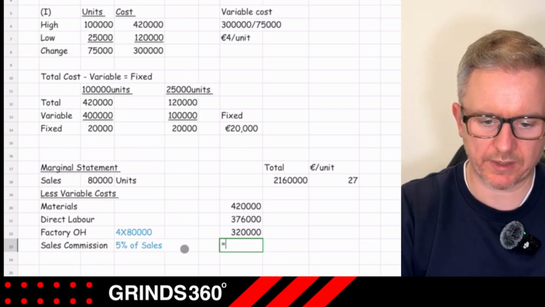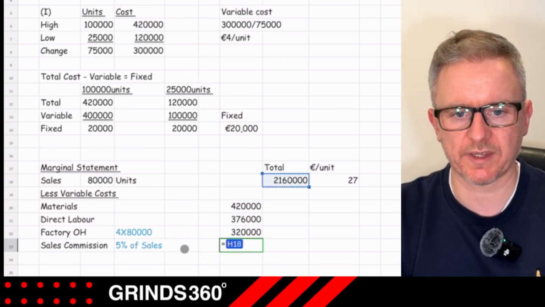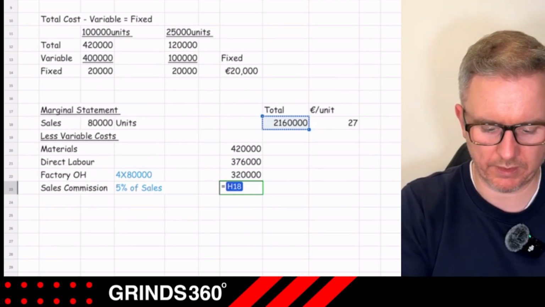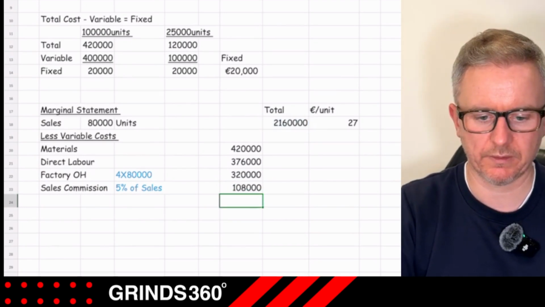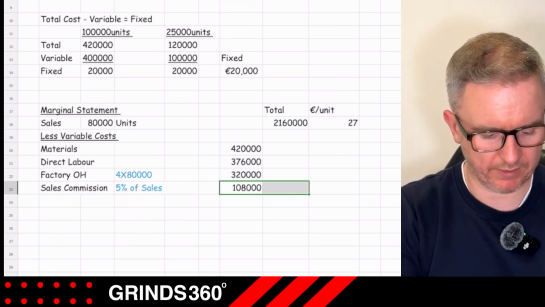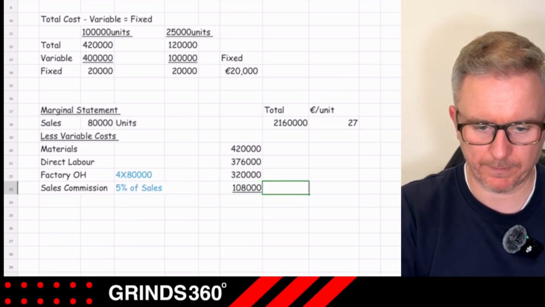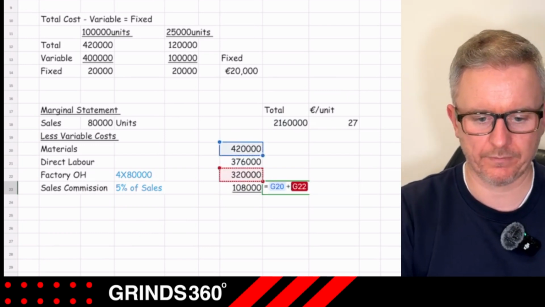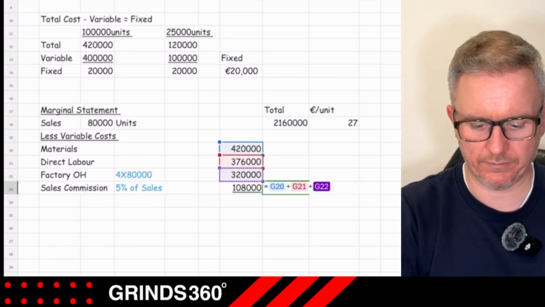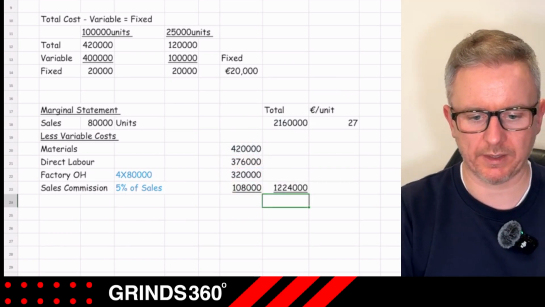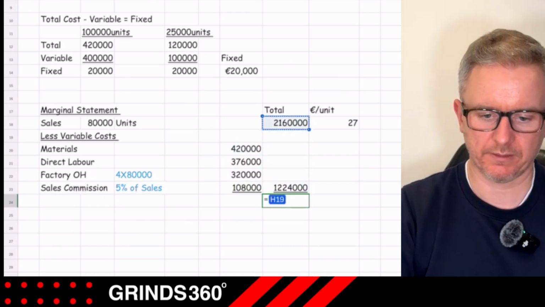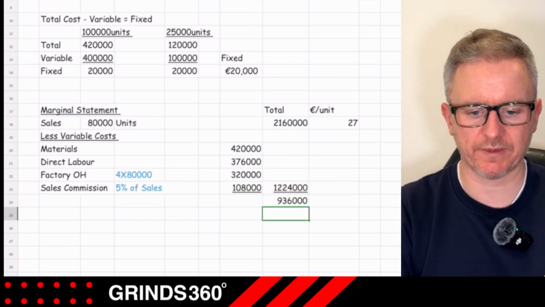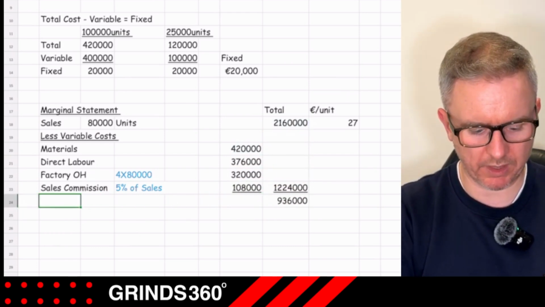So you take your sales figure, the 216, and multiply it by 5% or 0.05. That's my 108,000. I total that out, and I get 122,400. When I subtract that from my sales figure, I get what's known as my contribution.